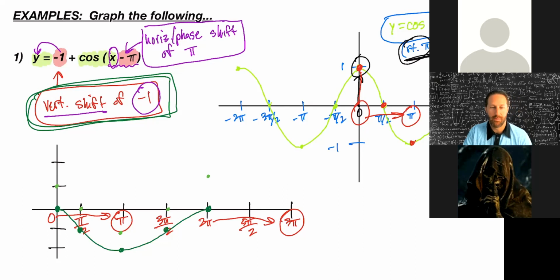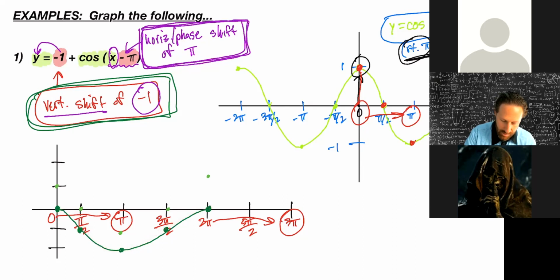So I now have that graph. Then the last thing I'm going to do, I'll do it in that purplish color, was I will do the horizontal shift of pi. So I'm going to this one that I shifted down 1 everywhere, and I will shift it all right pi.